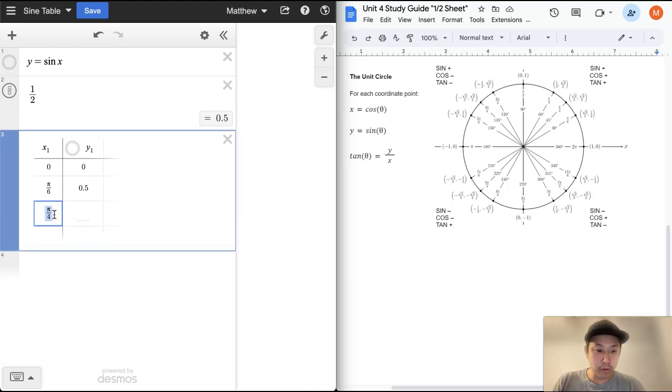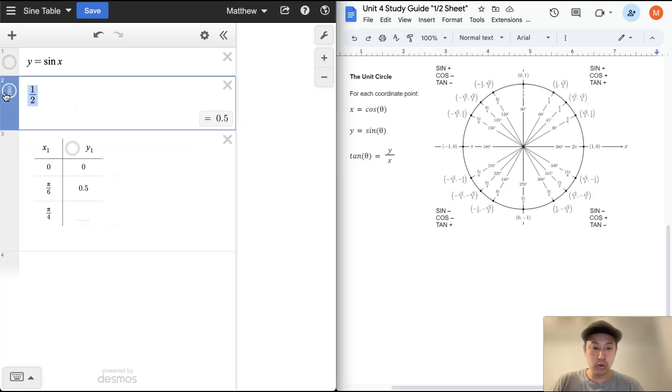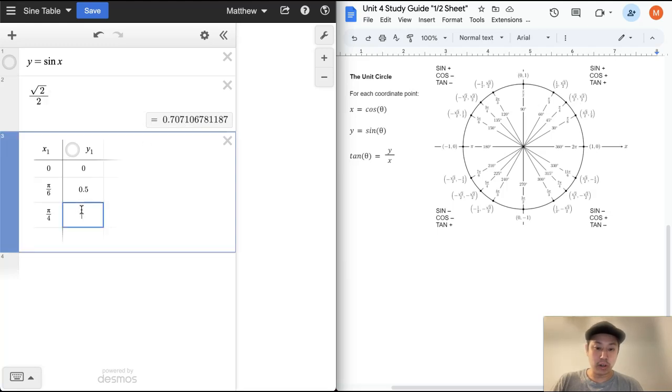Next one, pi over 4. If x is pi over 4, the sine of pi over 4 is the y-coordinate at this point, root 2 over 2. Root 2 over 2 is about 0.7. We're going to start using that. It's okay to round a little bit. Next one should be pi over 3.